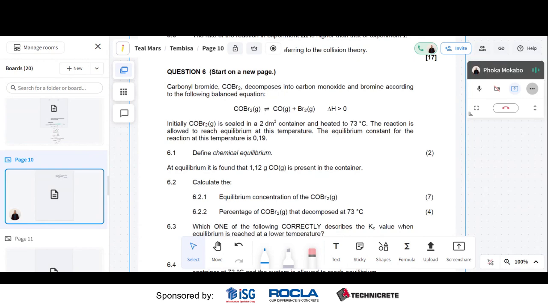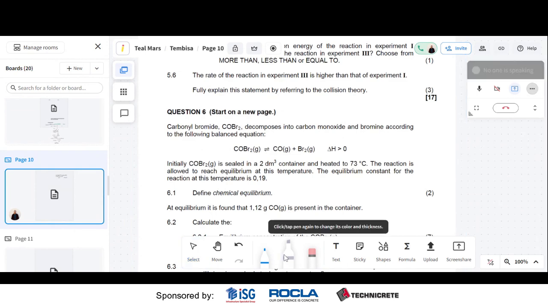Cool. Now moving on. They say initially the carbonyl bromide is sealed in a 2 decimeter cubed container and heated to 73 degrees Celsius. Let's just highlight those values, very important.